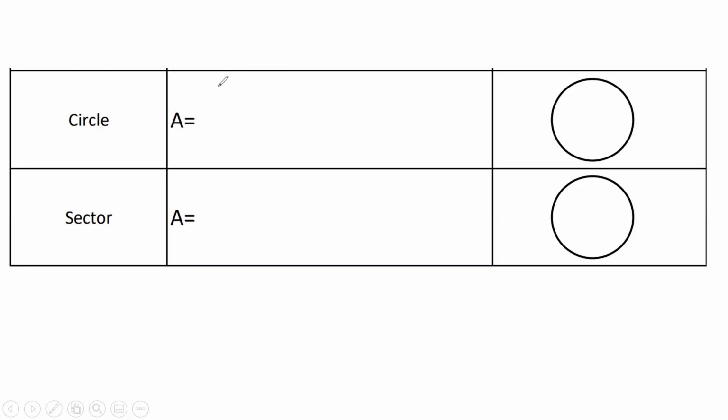Area of a circle is pi times the radius squared. I usually say it's pi r squared. Either way you want to say that, that's our equation for a circle.